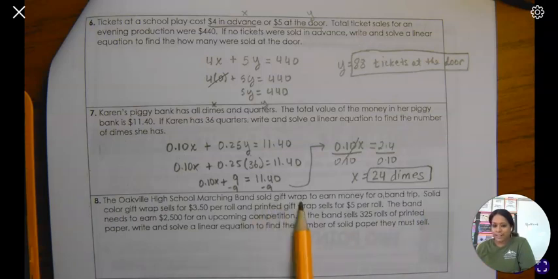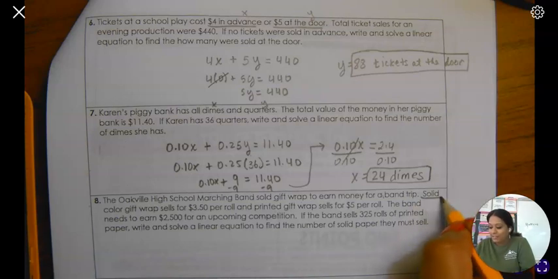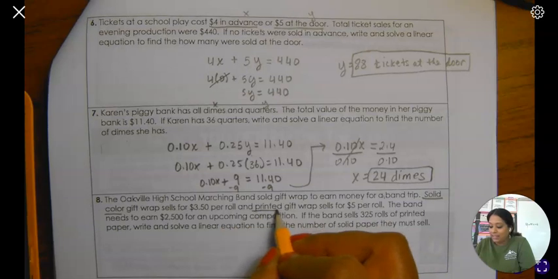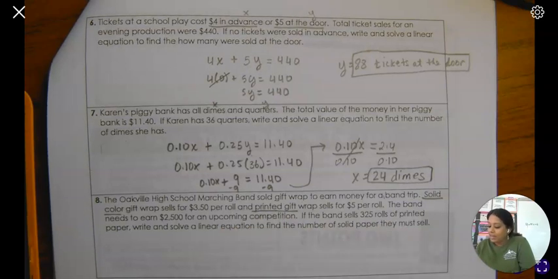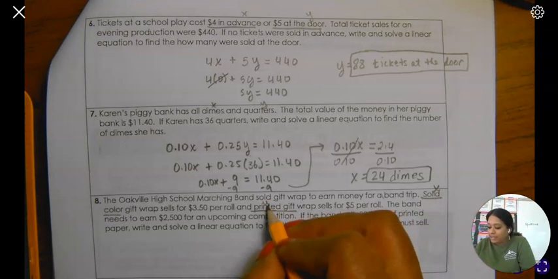Solid color gift wraps sell for $3.50 per roll, and printed gift wraps sell for $5 per roll. So there's solid gift wrap, and then there's printed gift wrap. I'm going to say that solid is X and printed is Y.